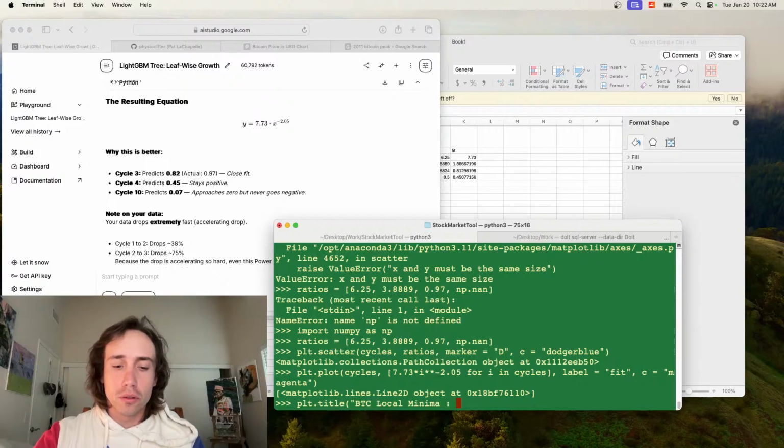Local minima to previous all-time high ratios.